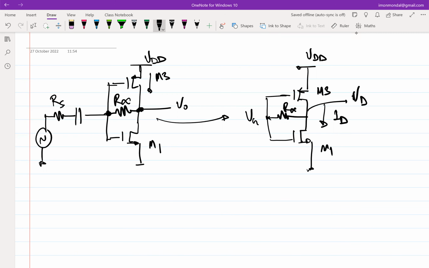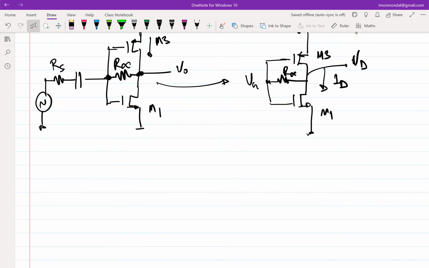Both M1 and M3 drain is connected to gate. So correct, information is coming from both. Right? So both of them are playing a role in setting ID, right? So this is what you normally do if you have taken digital IC design courses. Then you'll see that we approach it from another perspective, that what is the inverter characteristics?